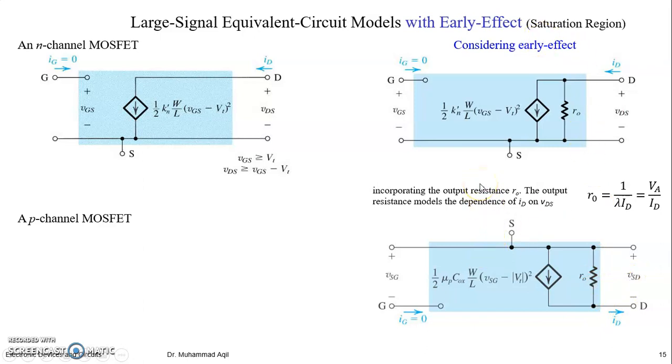So this is all about the large signal model and all the basics of metal oxide semiconductor field effect transistors. So please remember, try to understand each and everything defined for NMOS and its counterpart defined or introduced for PMOS.